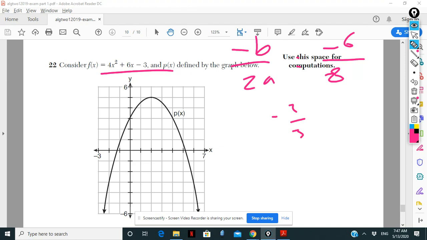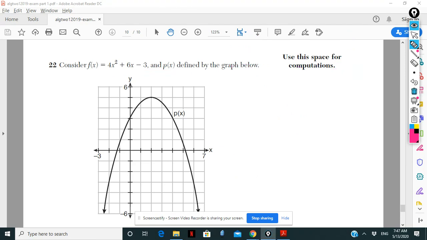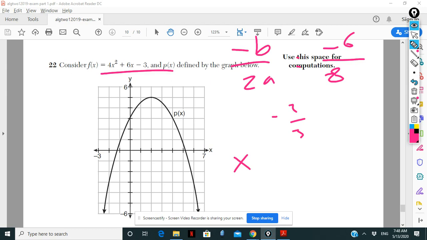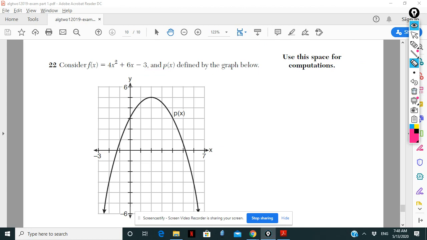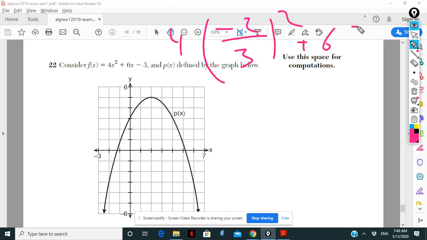Now I'm going to plug in x to find the value. It's negative 2 over 3, so I'm plugging negative 2 over 3 in: the square times 4 plus 6 times negative 2 over 3 minus 3.